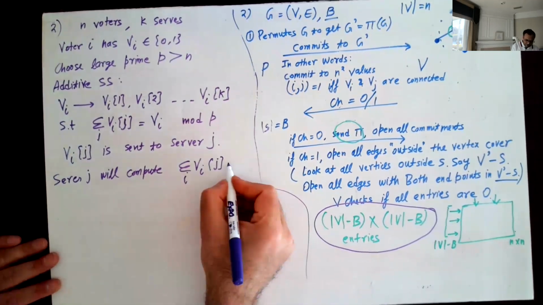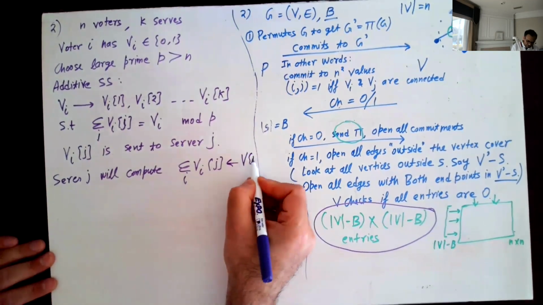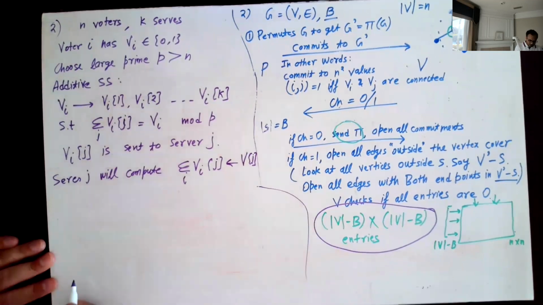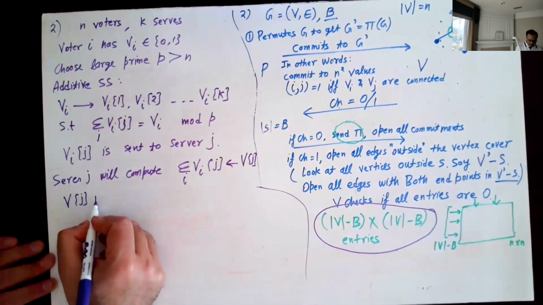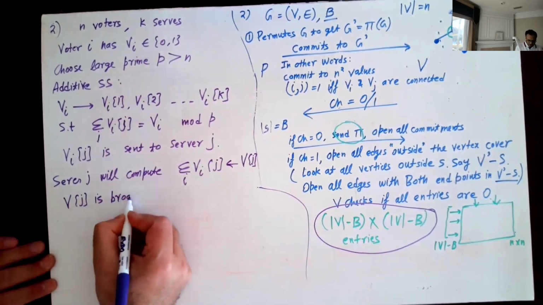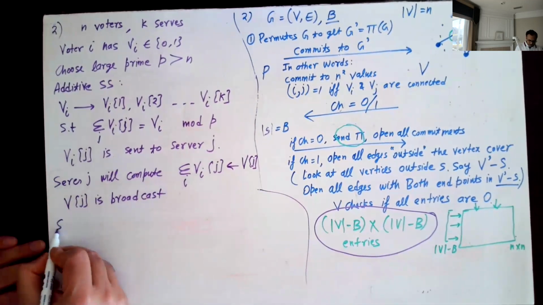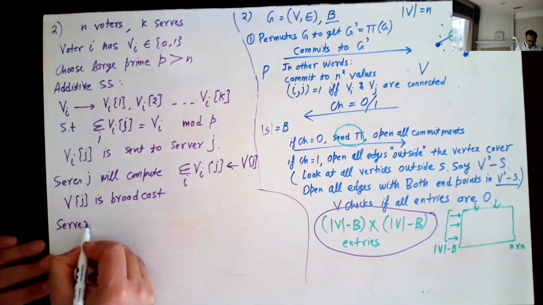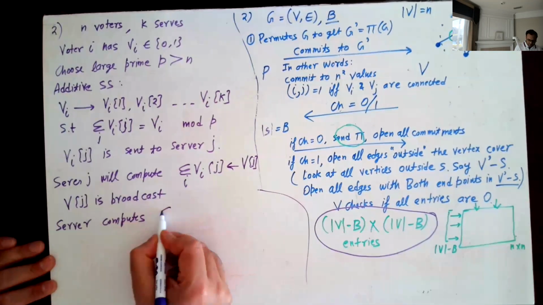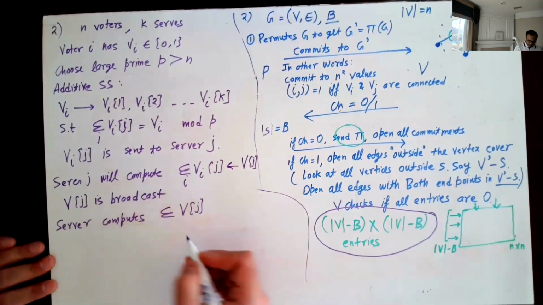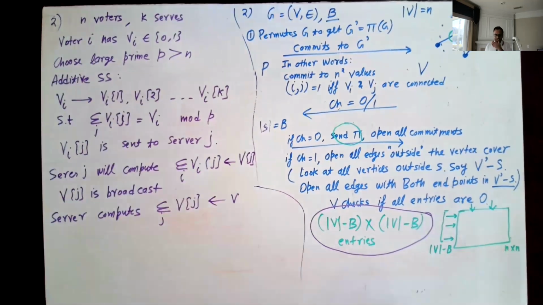Let's call this vj. Now server j will broadcast vj. Then each server computes summation vj for all j. This is called v, and this will be the sum of all the votes.